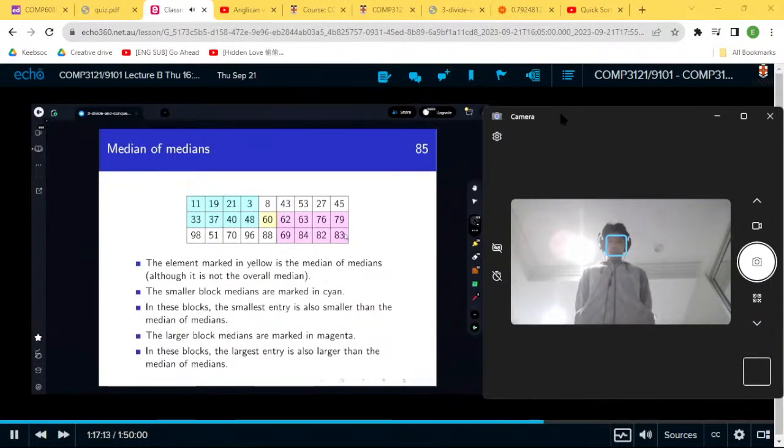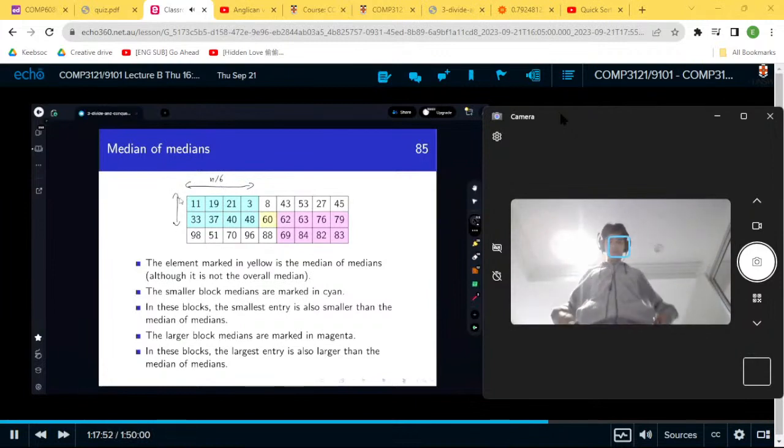Okay, so the number that we get might not be the median of the whole array, but it is somehow towards the middle, because how many numbers are here? So here we have n-third of those blocks, right? And from half of them, roughly. So here we have roughly n divided by 6 blocks of 3 numbers.